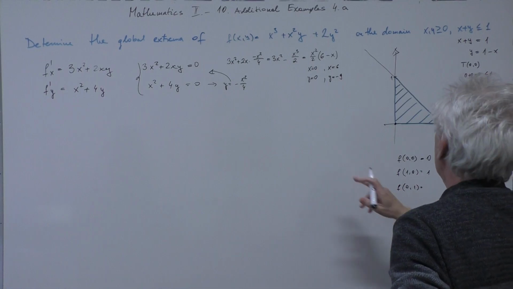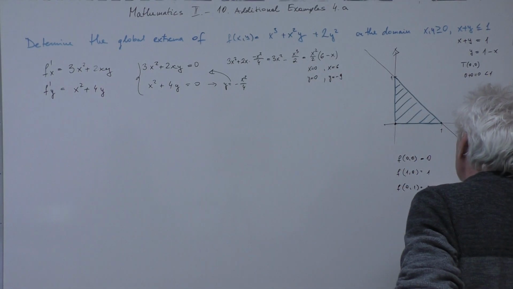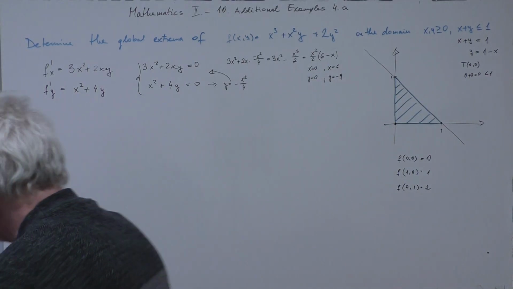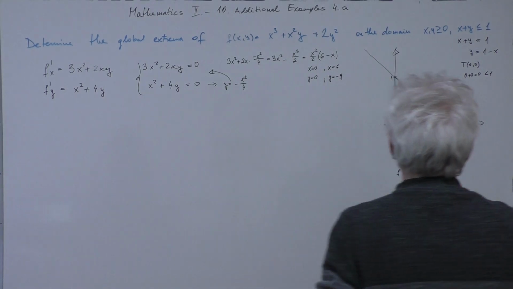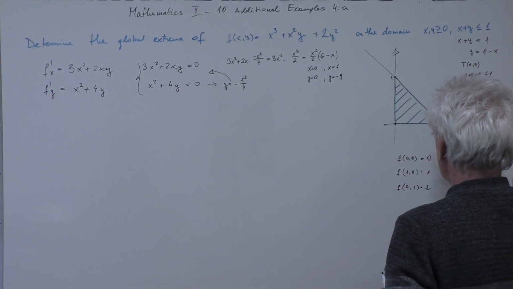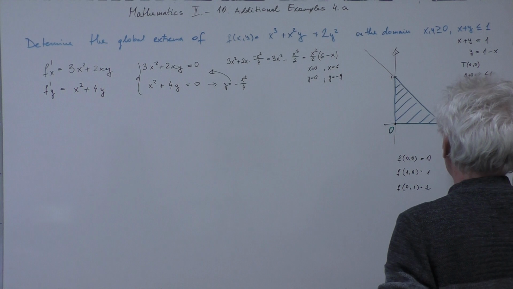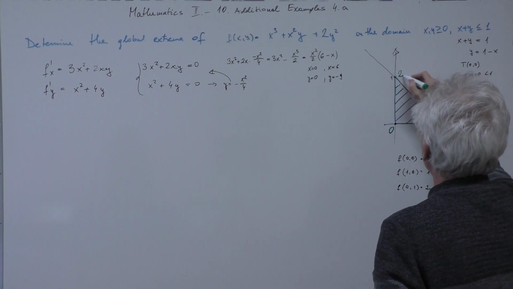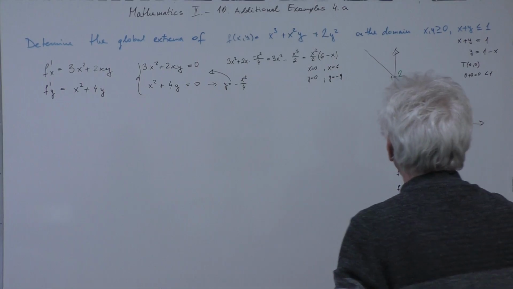So here we have 0, here 1, and at this point the function takes the value 2.